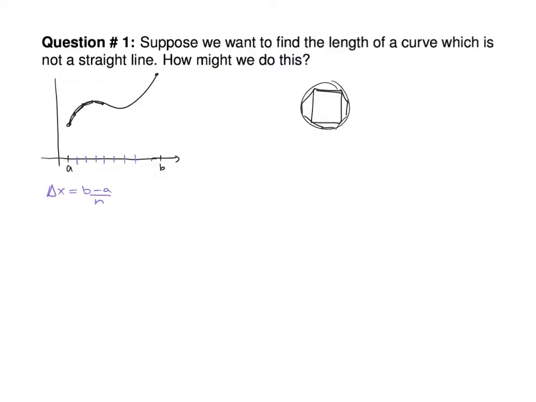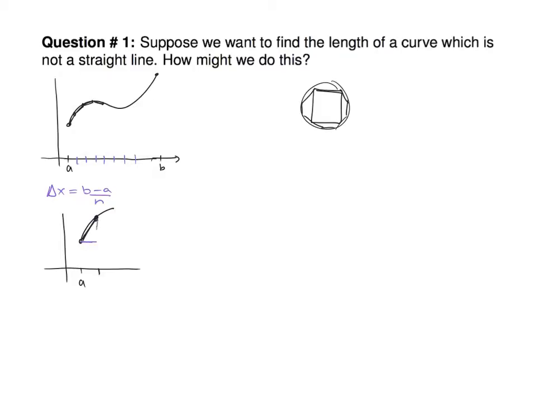Okay, related idea. Now my picture is too small. I'm going to draw a little zoomed-in bit. So I have that A, my next point, and I have the curve. And I want to find this straight line distance. How you can do that is you can use the Pythagorean theorem.